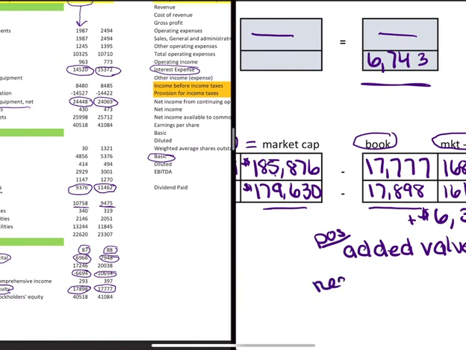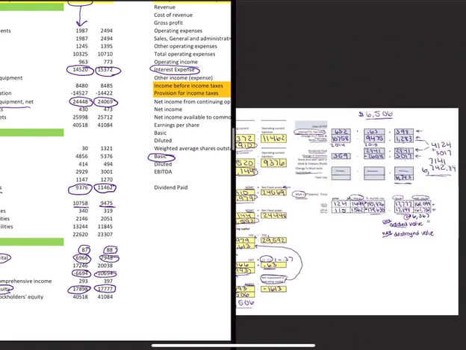If we get a negative value, that means they destroyed value. Okay, so they reduced the value of the firm. In this example here, they added value because we have a positive.